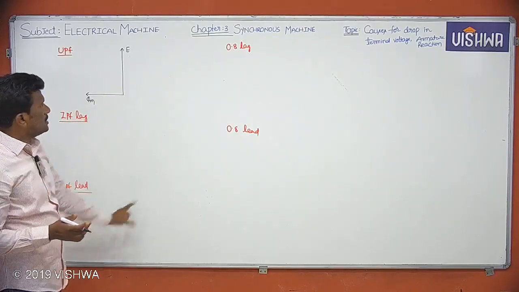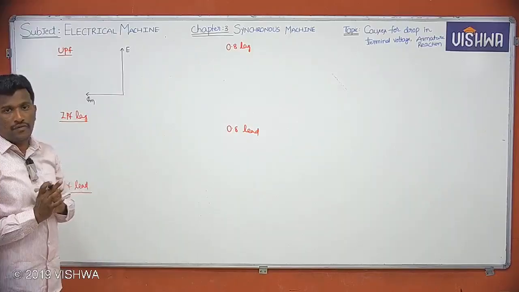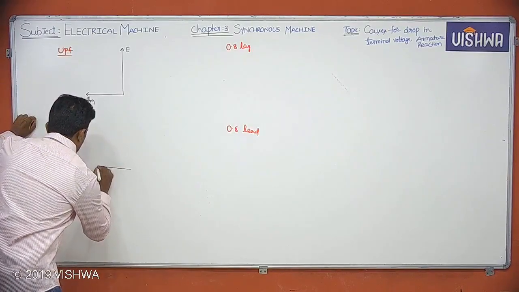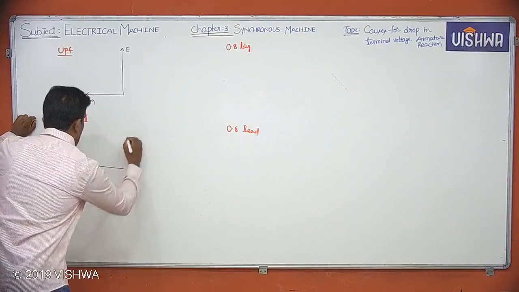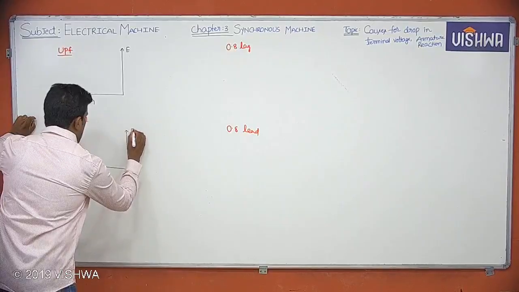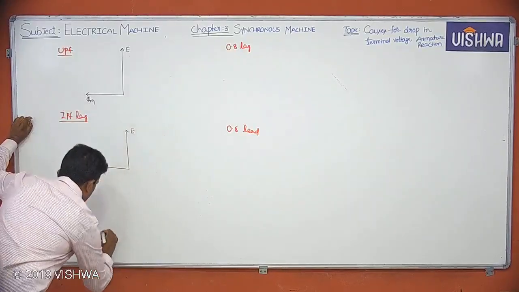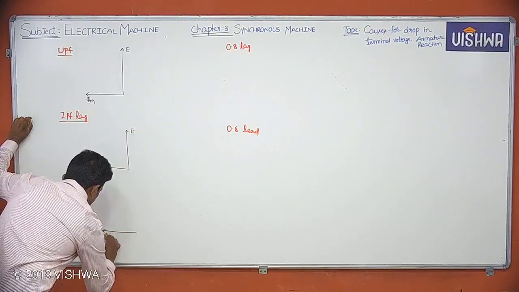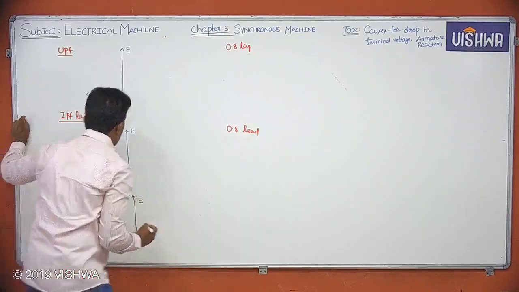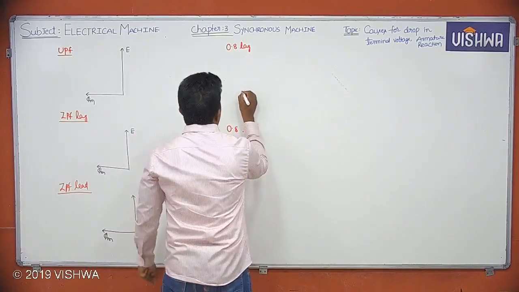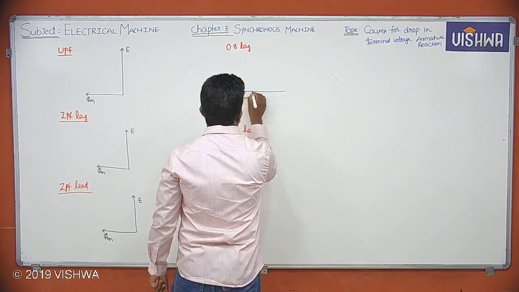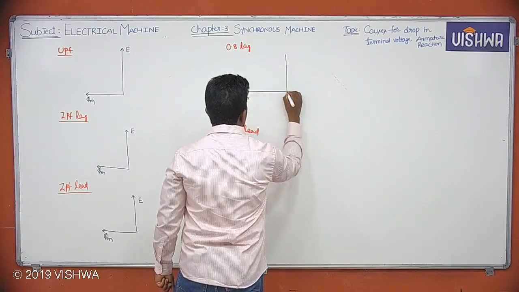These vectors are the same for any type of load, right? Let me show here also main flux phi m and generated voltage E. Here also main flux phi m, generated voltage E.